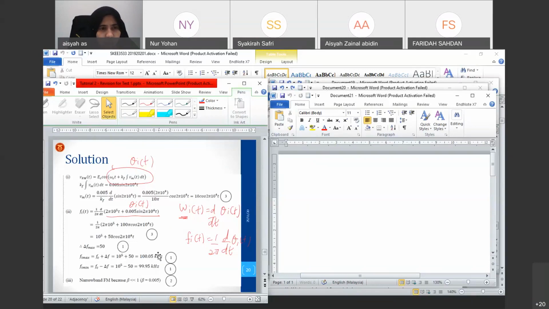This is the schema for how to get the answer for this math.